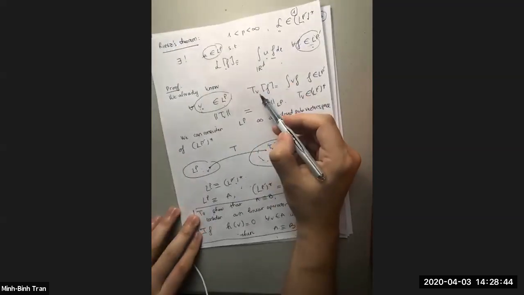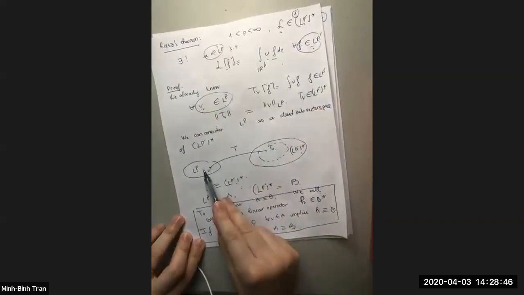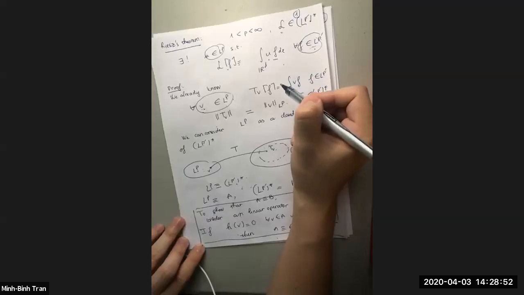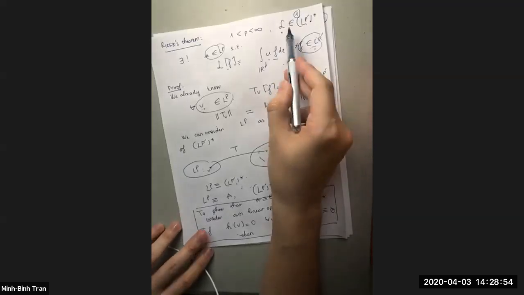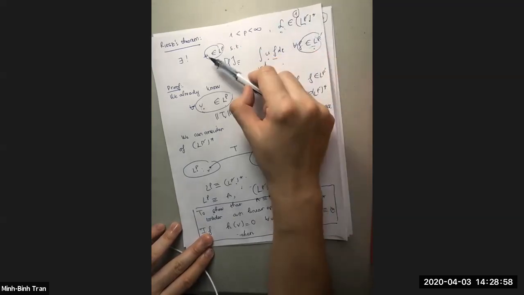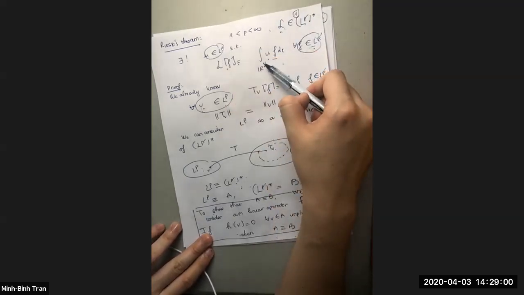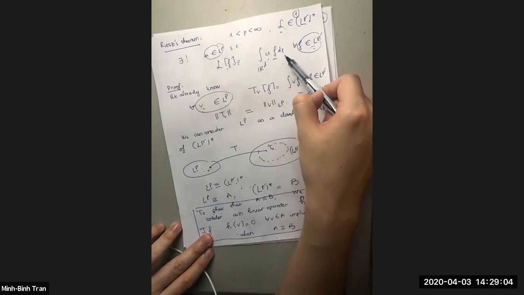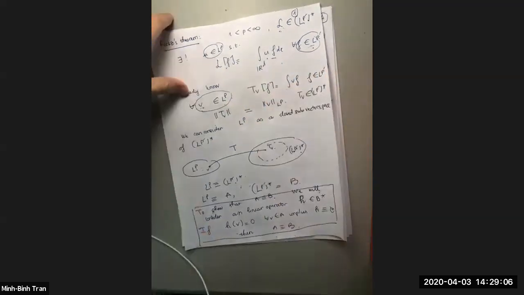So we have just shown that this L^p and this (L^p')* are the same, right? In other words, if I have a linear map in (L^p')*, there is a unique U in L^p such that L(F) is the integral of UF dx, right?